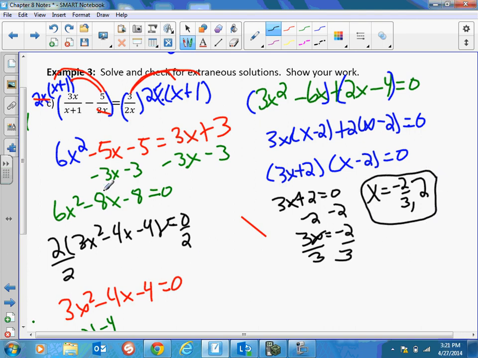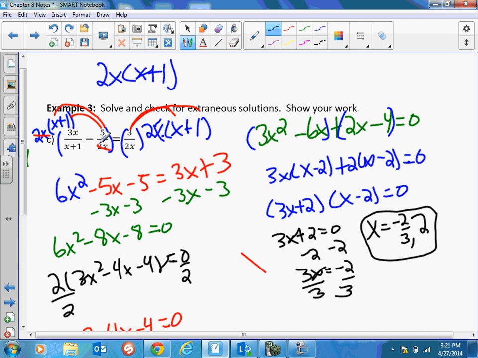Okay, so let's see. Does that make any of these denominators go to 0? Well, 2 doesn't. 2 should be good. We can plug in 2 real quick and see if that works. 2 plus 1 is 3. 3 times 2 is 6. 6 divided by 3 is 2, minus 5 fourths equals 3 fourths.